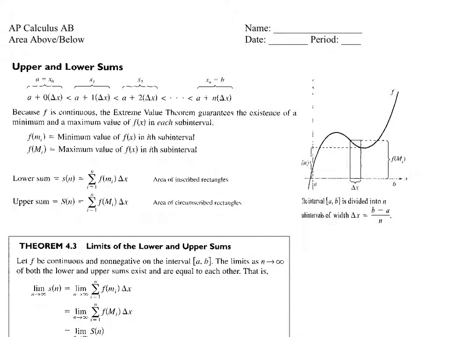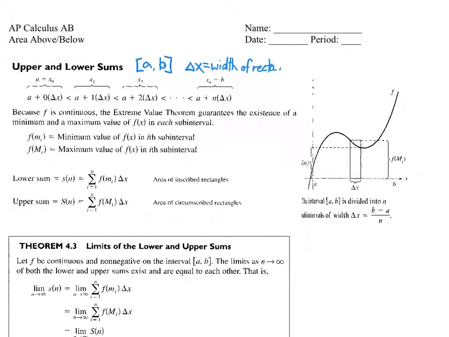Okay, so the x coordinate, we start at the left side, that a, because we're dealing with the interval from a to b. And this interval, delta x, is going to be the width of the rectangle that we're dealing with. All right, width of the rectangle.